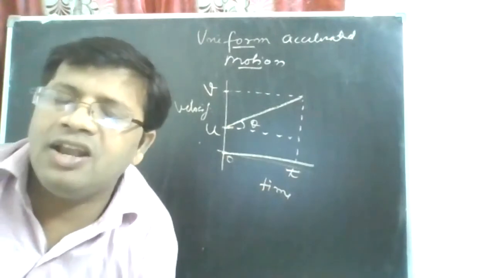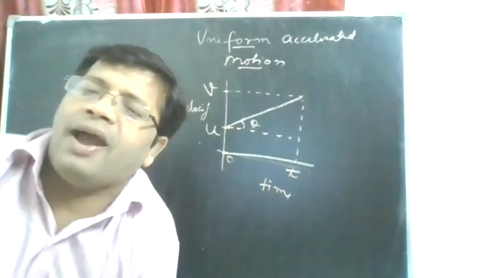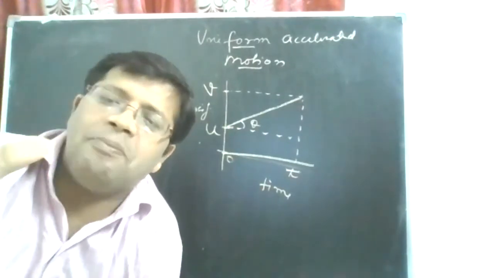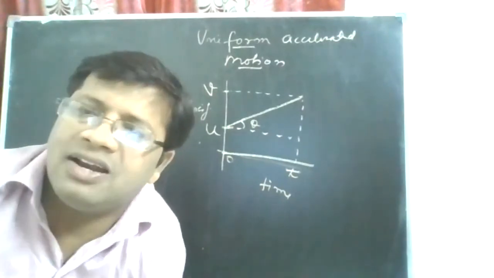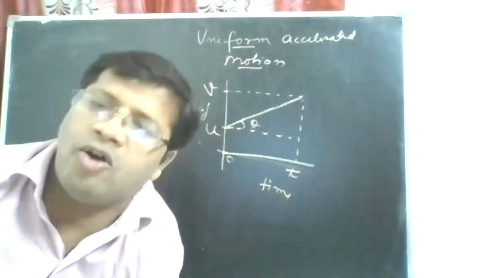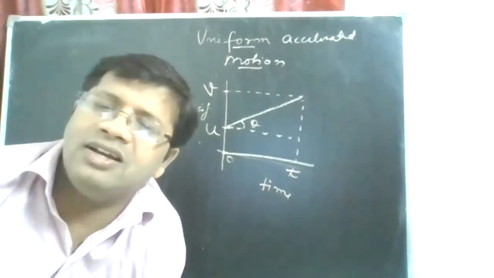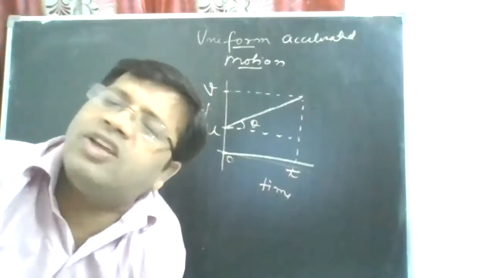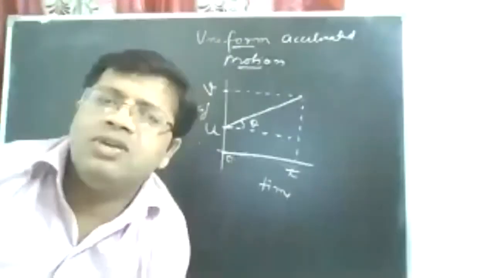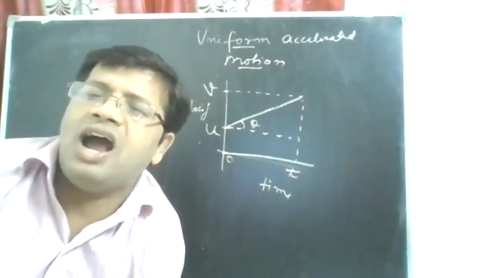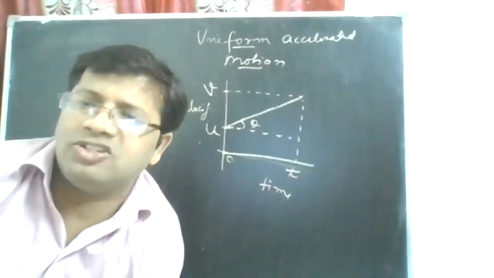It means that after every 1 second, the velocity of your car increases by a fixed amount, that is 5 meters per second. So if the speed of the body either increases or decreases by a fixed amount in every 1 second, such type of acceleration is called uniform accelerated motion or uniform acceleration.